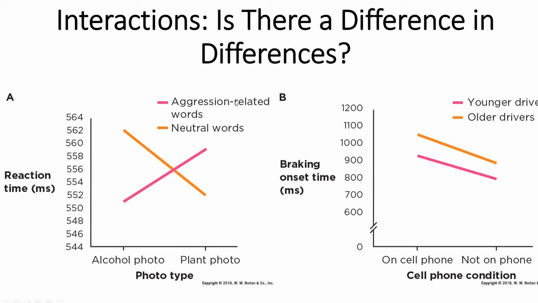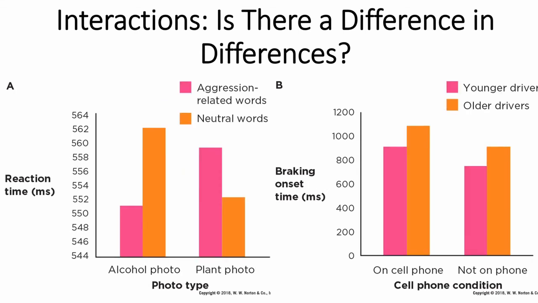So we have our aggression-related words and neutral words when you are primed with an alcohol photo or a plant photo, and these two lines aren't parallel. So we know that there's an interaction here. Whereas if we look at this graph again, so younger versus older drivers on a cell phone or not on a cell phone, the two lines are pretty much parallel, so there's no interaction between your independent variables. So this is much easier to quickly look at than looking at the tables.